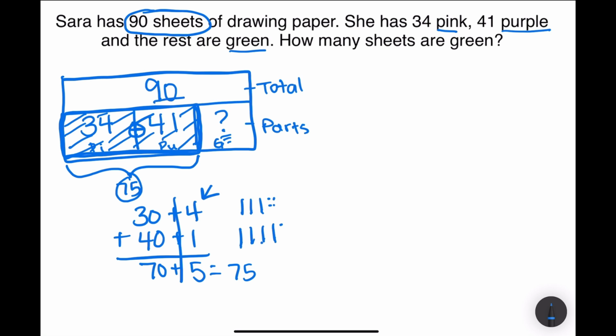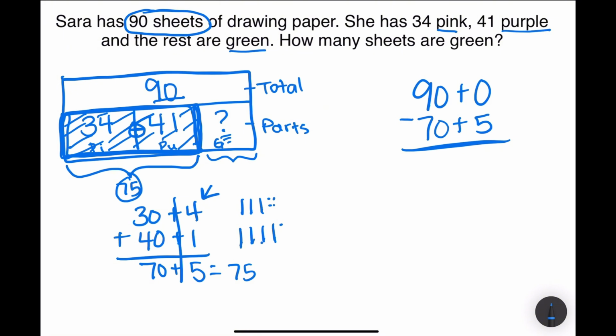If I start with 90 and I take away this huge chunk that I just figured out, I will know whatever is left over. If I separate 75 from 90, I'll figure out how many are green. So that's what I have to do last. So I'm going to start with 90 minus 75, which is 90 minus 70 plus 5.